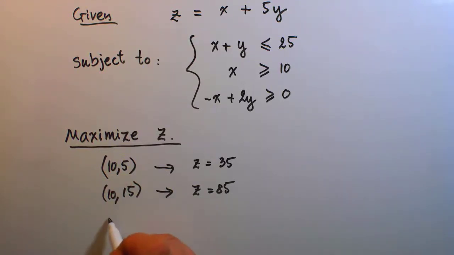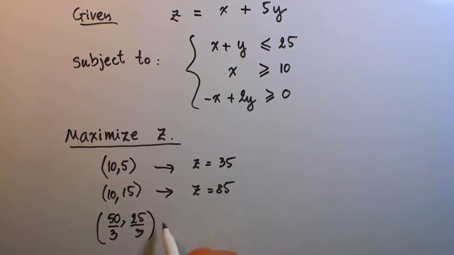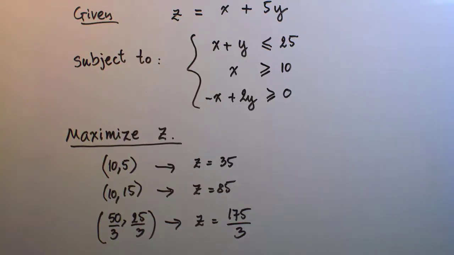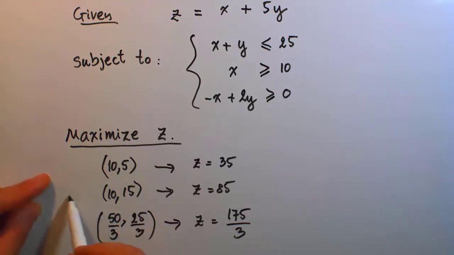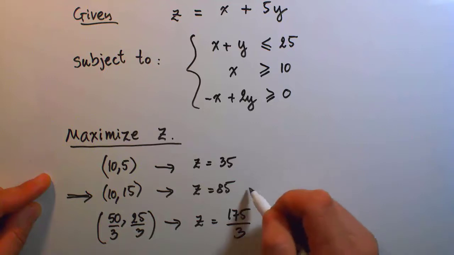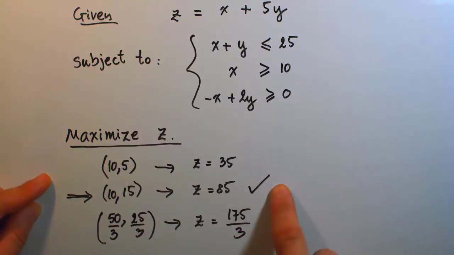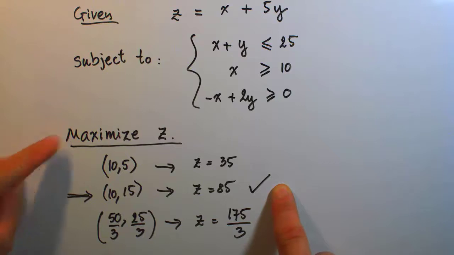And the third candidate we're looking at, and I'm starting to use that term candidates right here, 50 over 3 and 25 over 3 as a pair of values for x and y gives me a value z equals, calculation shows, 175 over 3. And so according to the visible region, that gives us only these 3 corner points. Then this corner point here is the one that happens to give us the largest value of z. And so maximizing z, we have found our solution.